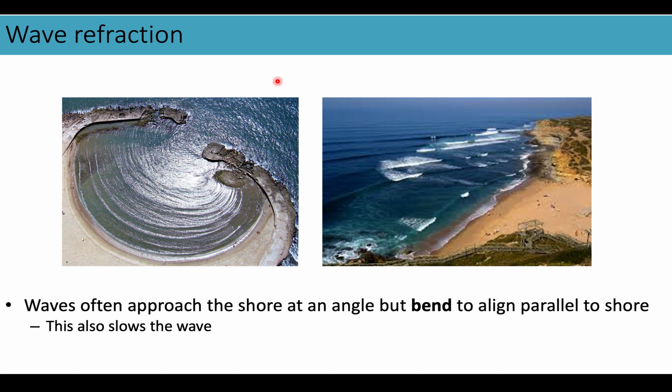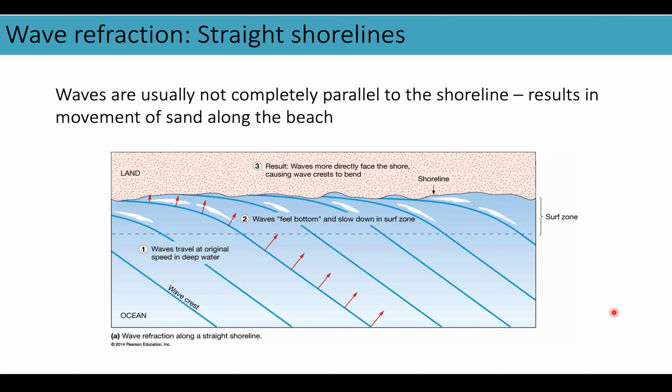Refraction is the bending of a wave. It's similar with light, which can be refracted as well. Waves are refracted along unusually shaped shorelines or when they approach the coast at an angle. The wave will bend to fit the coastline. Also, this is going to slow the wave down. So refraction always bends and then slows the wave.